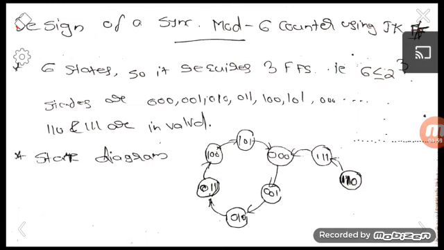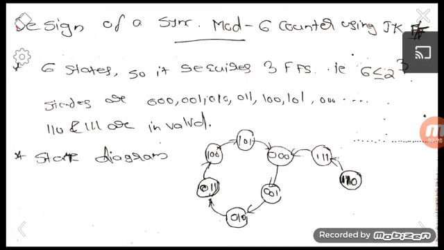After 101 it will again start from 000, 001 like that. So 110 and 111 are the invalid states here.